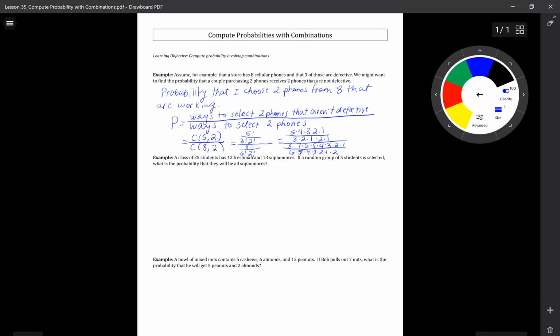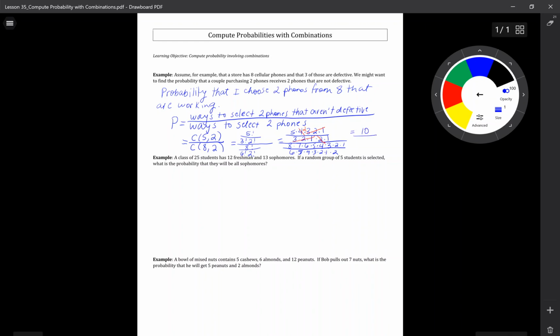All right, let's see how we can simplify this. So I can simplify the top by canceling out these 3 2 1s. And if I cancel this 2 with this 4, I'll be left with a 2. So total I have 10, right, 5 times 2 on top.